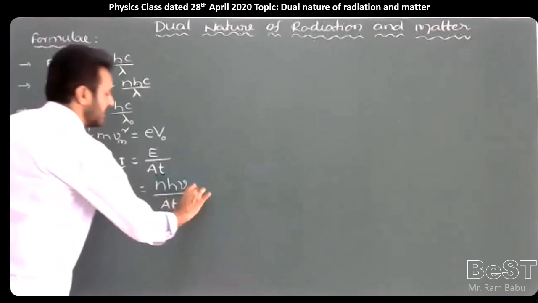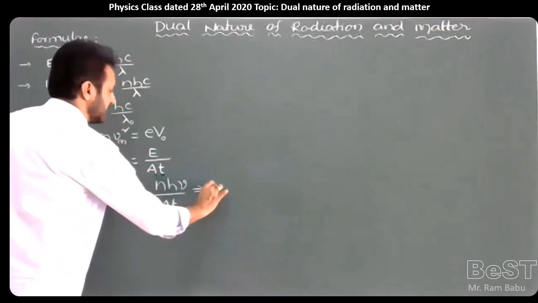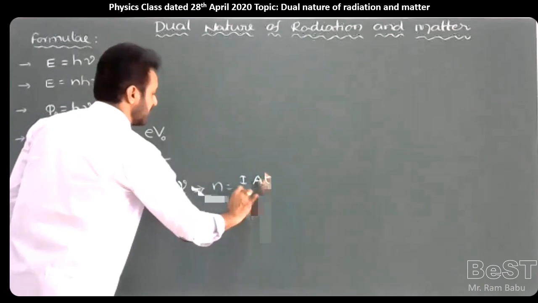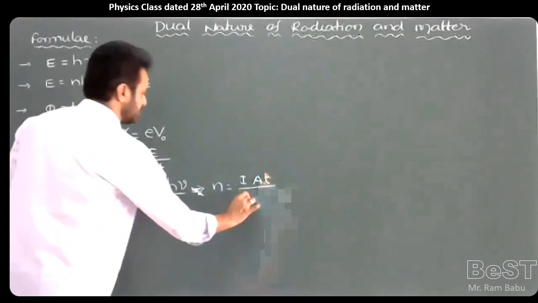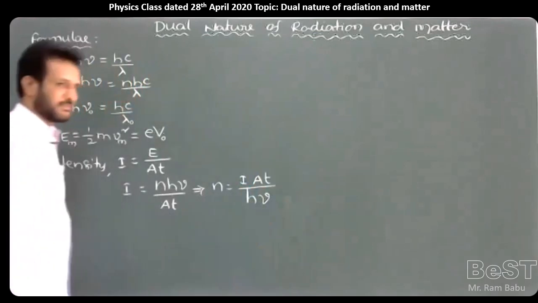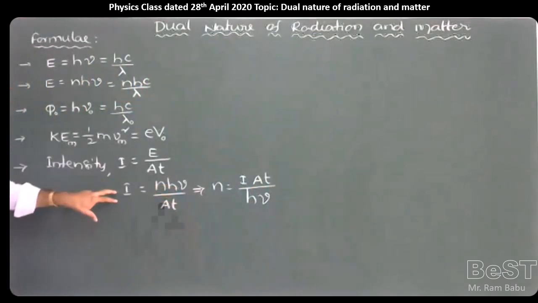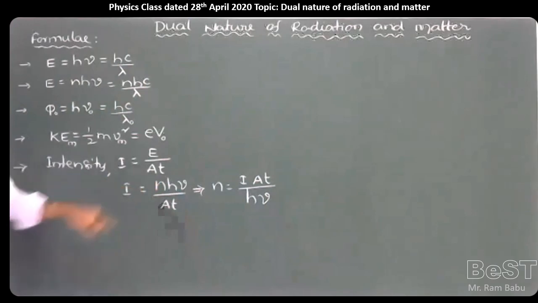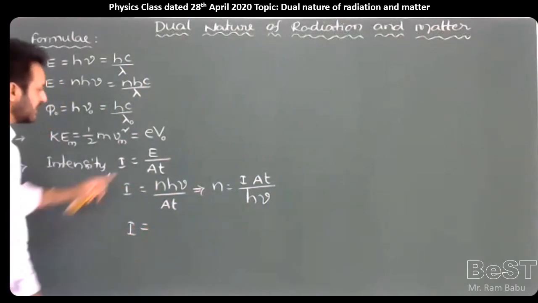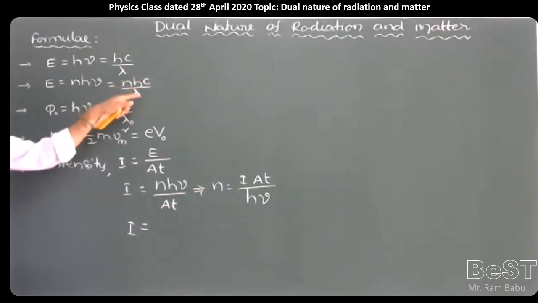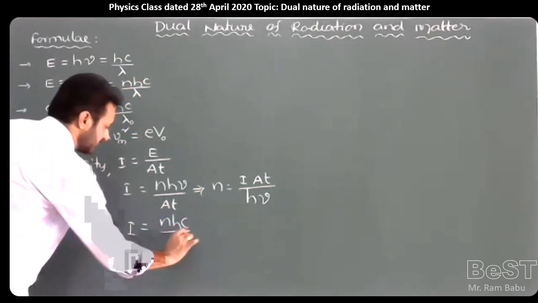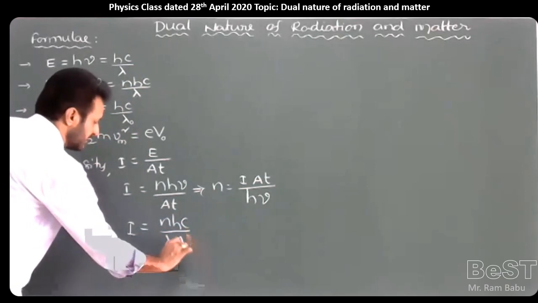From this formula, if you want to calculate the number of photons, n is equal to I into A into t by h into nu. Check this formula: all the values are taken to the left side except n, the number of photons. Similarly, intensity of the radiation I is equal to n into hc by lambda into A into t.